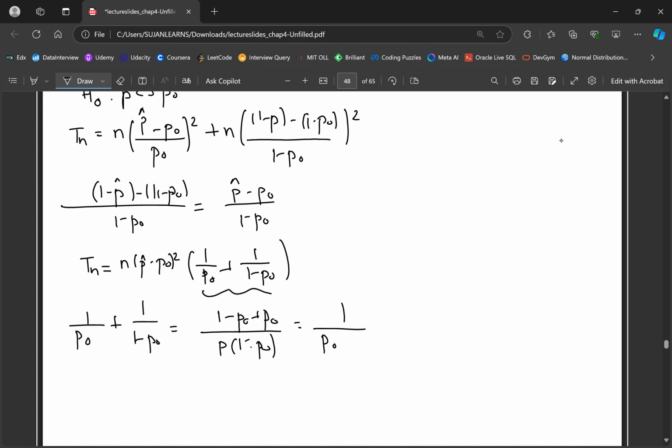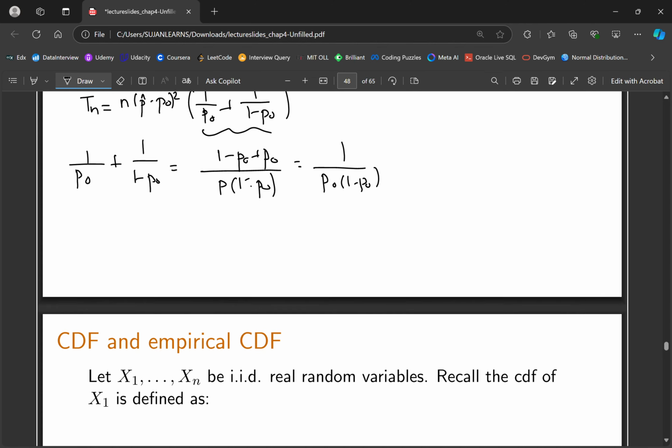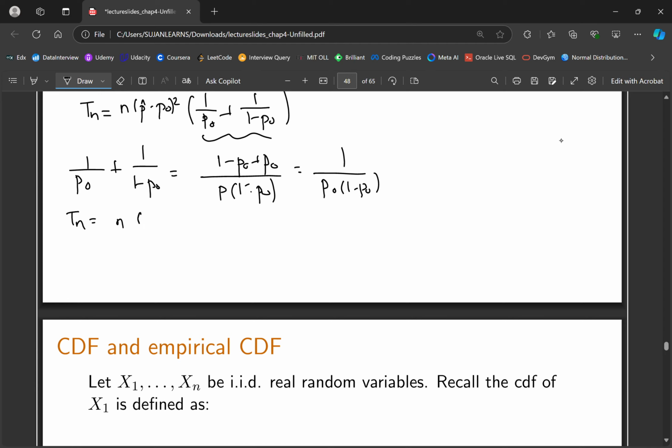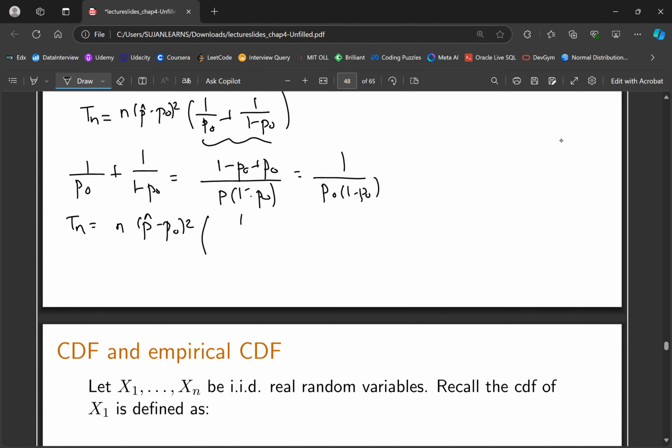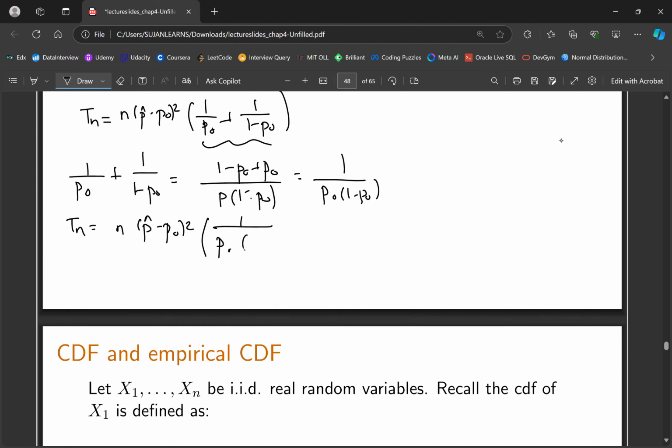Once we do that, the test statistic becomes n (p hat minus p naught) squared divided by p naught times (1 minus p naught).